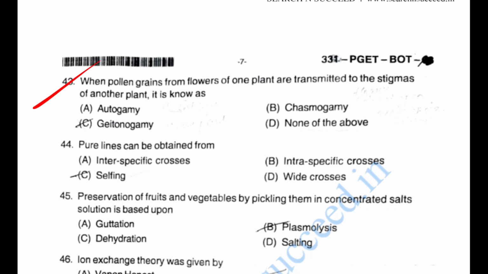Come to question number 43. When pollen grains from flowers of one plant are transmitted to the stigma of another plant, what is this? Means here there are two plants involved.